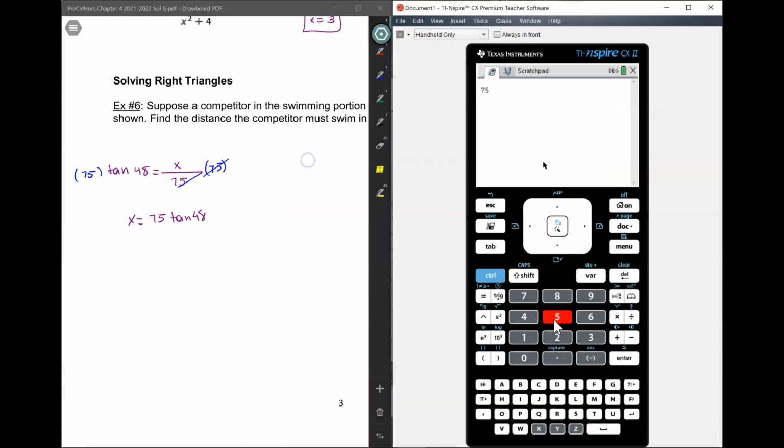Tangent is in the trig menu, and you can just go ahead and find tangent, 48, enter. So this is 83.295. On tests and quizzes, I will have specified what decimal place you need to go to.